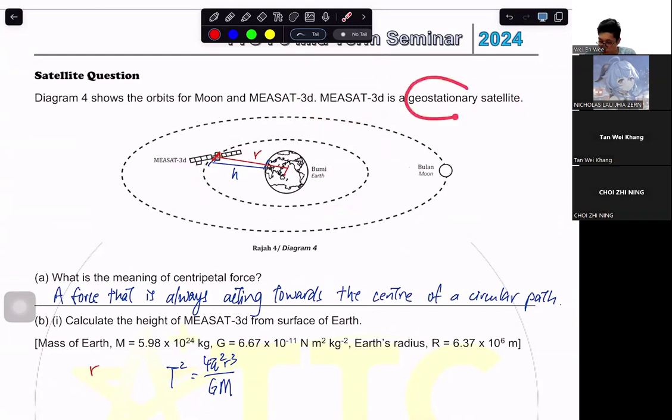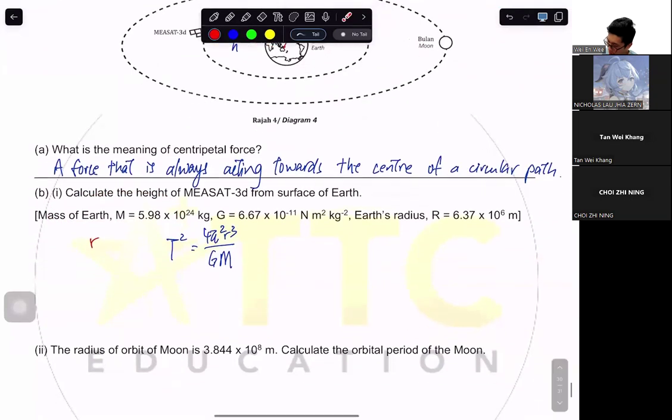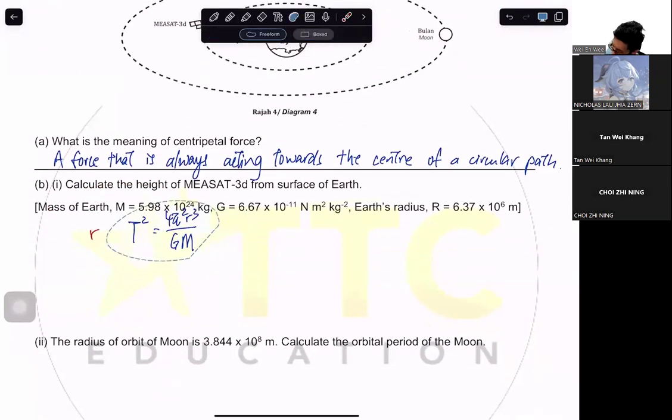R is what we're trying to find out. You know 4, you know pi. G is given. This capital M is the mass of whatever is in the middle. In this case, it's the mass of Earth, which is given to you already. So you can use this formula to find r.